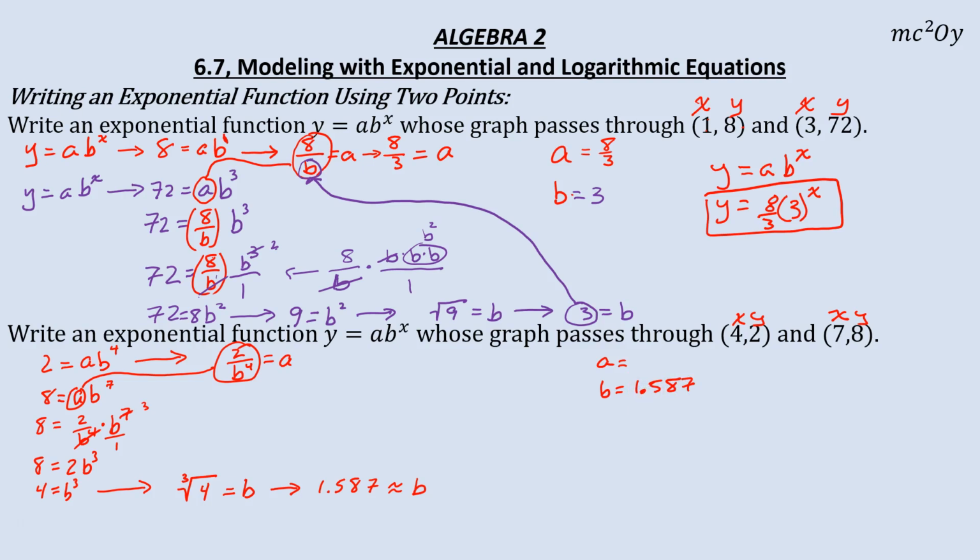All right. Now when I actually calculate a, I'm going to use my exact value. So that's the chunk that's going to substitute in for that b right there. Okay, so a is equal to 2 over the cubed root of 4, all to the 4th power. Now I kind of misled you in the way that I circled that. Really, this only goes in for the b.